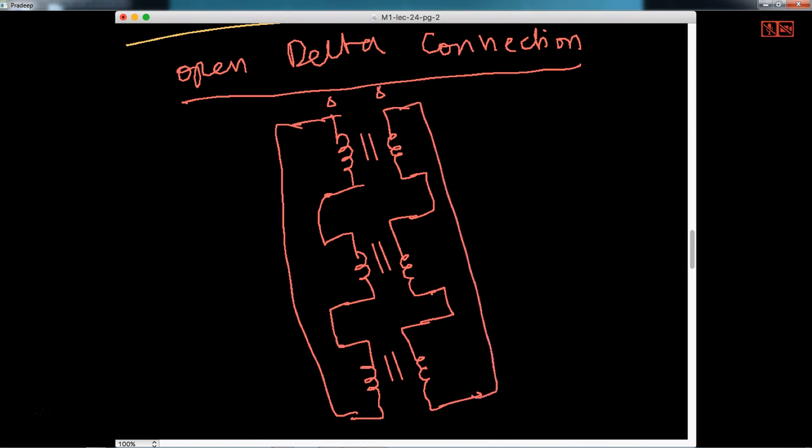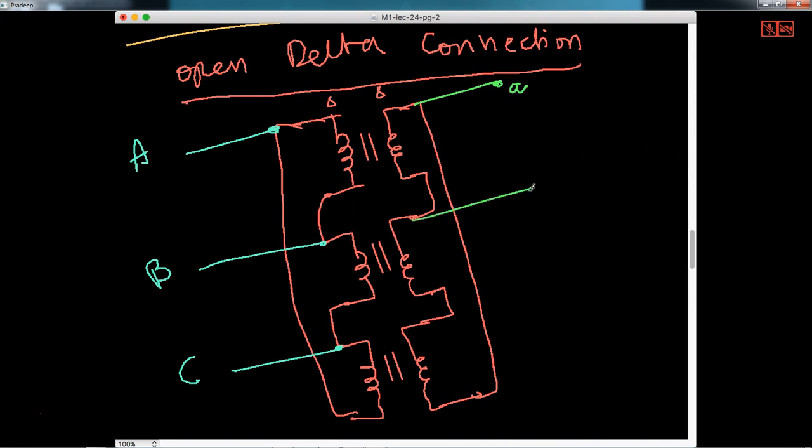Then you take out the terminals. Let's call this terminal A, this terminal B, and this terminal C. And then on the secondary also, let's call these small a, small b, and small c, the corresponding terminals on the secondary side.